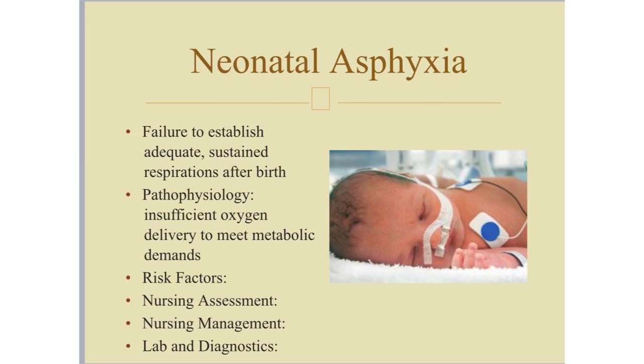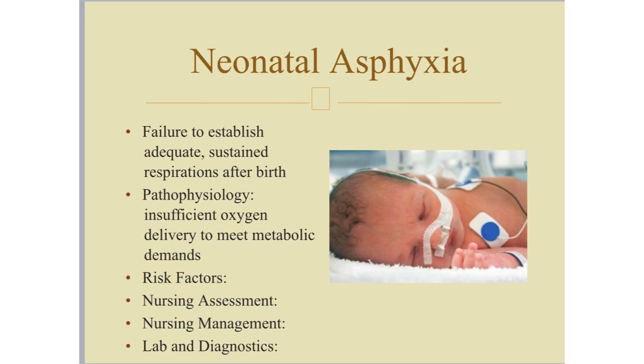Okay. We're going to assess the baby's color, their work of breathing, their heart rate, their temperature. We want to make sure we're doing good APGAR scoring. We want to make sure we are keeping this baby warm. We're going to make sure that we are keeping a low stim environment. We are going to closely observe them.